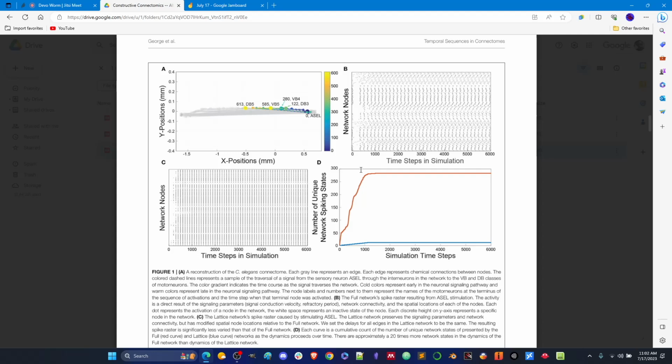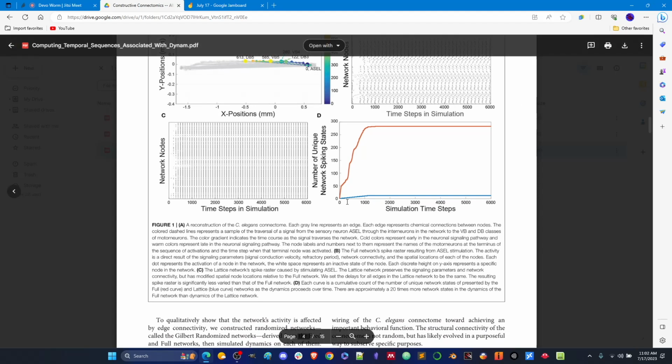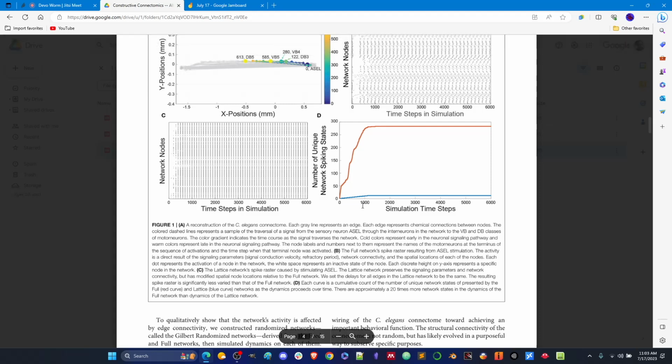So within 1,000 time steps, they're able to get a huge number of unique network spiking states. And if we look at D, the full connectome is the red curve, the lattice is the blue curve. So this is where you get this difference between the small circuits and the whole connectome.